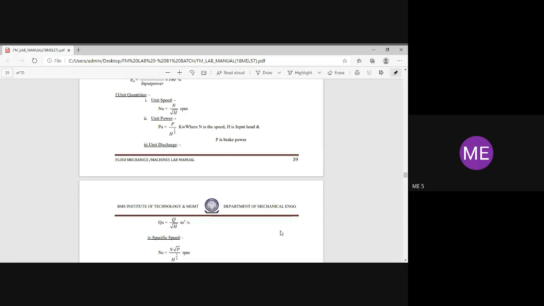Equation of unit speed, N divided by square root of H.